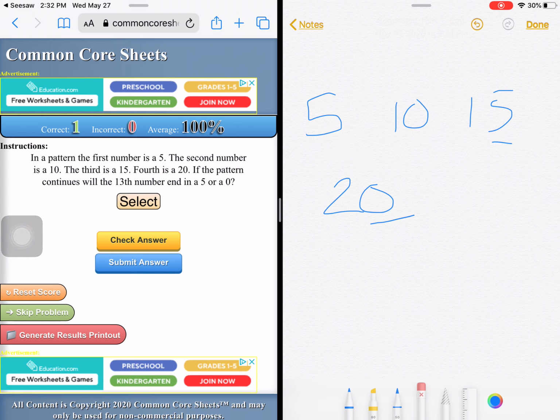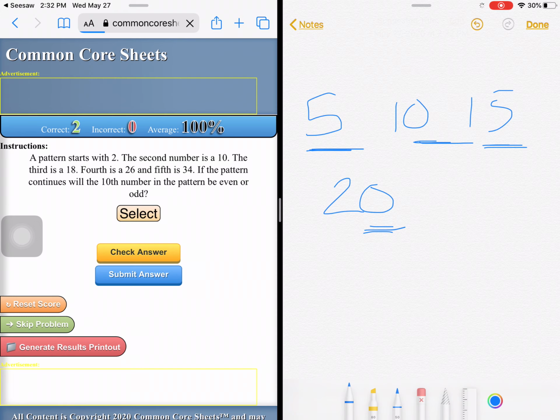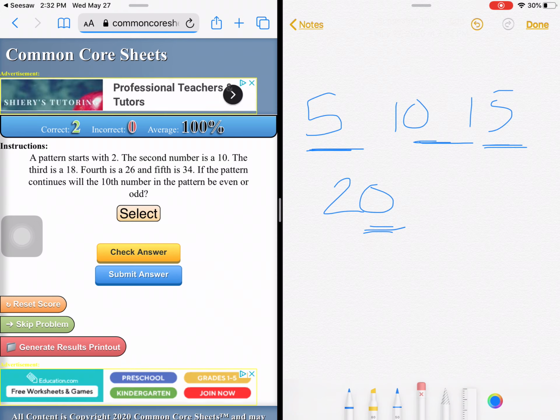And I'm going to go to the 13th number. So here's 1, 2, 3, 4, 5, 6, 7, 8, 9, 10, 11, 12, 13. So it would end in a 5. Check my answer. Yep, that's it. Next problem. And I'm going to keep going, noticing the patterns. Okay, so this one's noticing patterns.